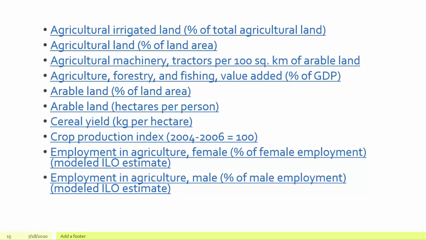What this is measuring, if you look at the first indicator, is how much of the total agricultural land is actually irrigated.